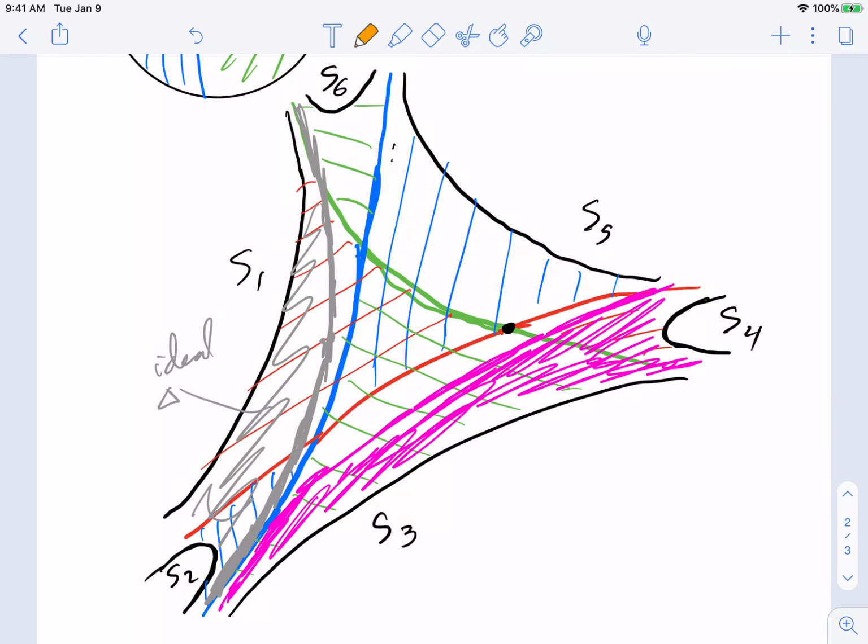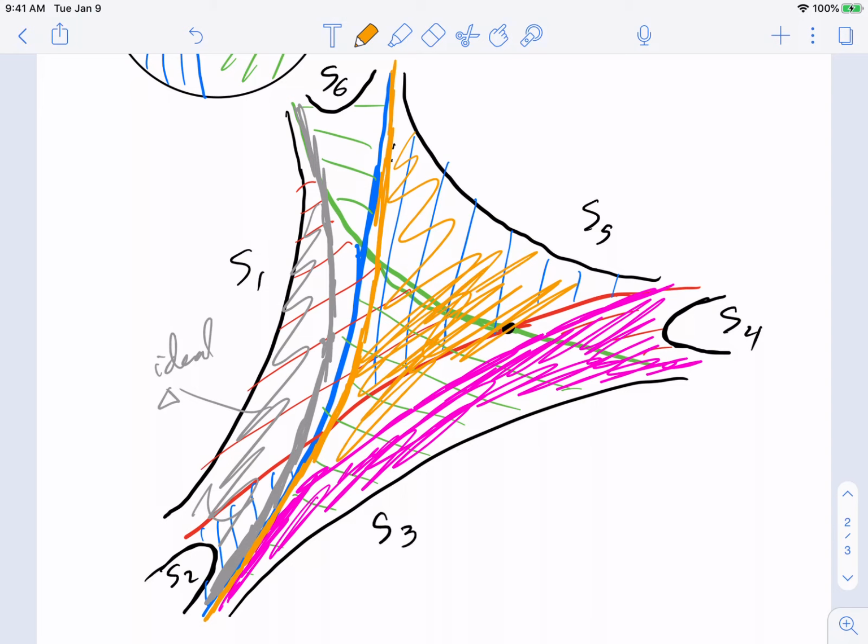And then between this pink edge and S5, I can draw this orange, which is going to be asymptotic to both the gray and the pink. Kind of slides in between there. So this is an ideal triangle, this orange one as well.